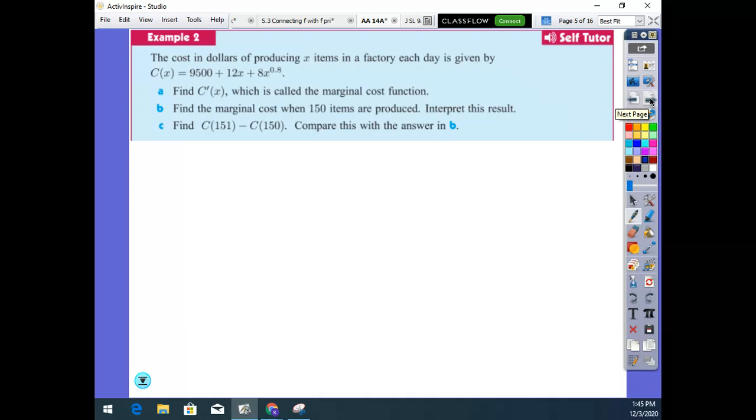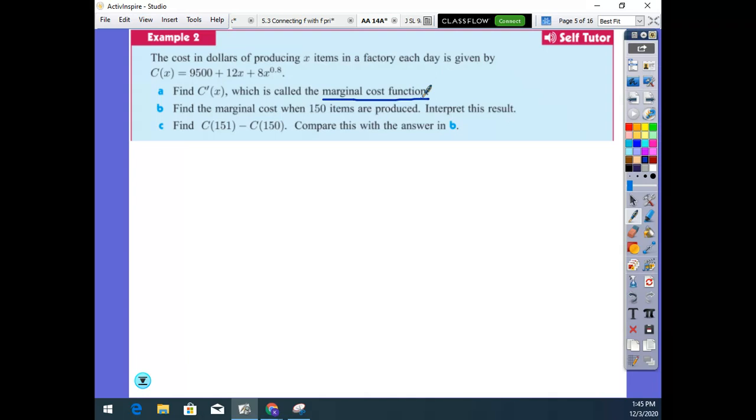All right, example 2, another type of real world problem. I see this in economics. If you ever take an economics class in college, they might ask about marginal cost. Marginal cost is basically just telling us how much it's going to cost to make one more item of whatever we're talking about.